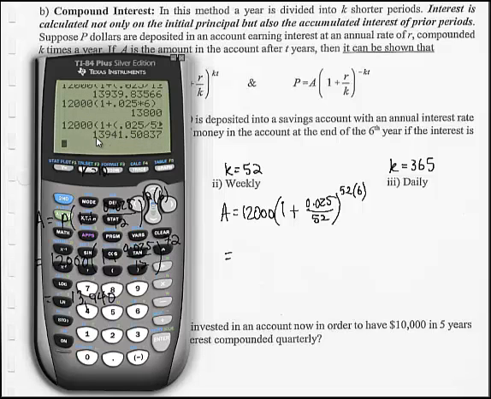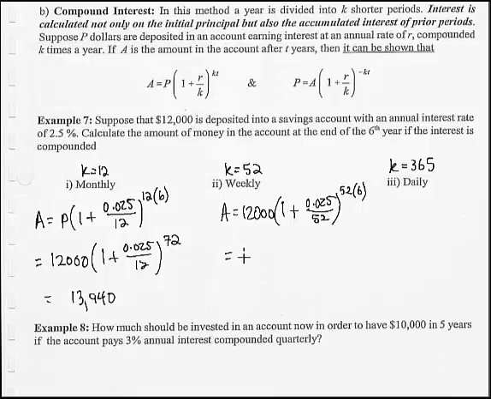We get 13,942 if I round it. So compounding it weekly instead of monthly has now only earned me $2 more during the same 6-year period. So I suppose it really wouldn't be worth the effort to look around for a weekly compounded savings account.